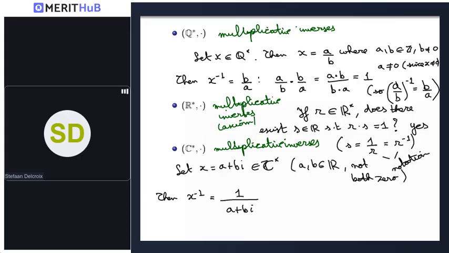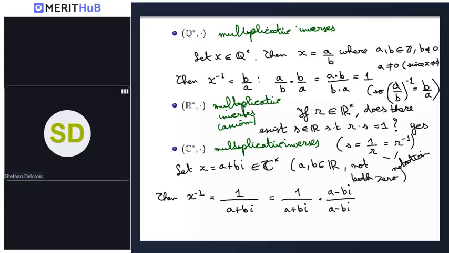I don't know if rationalize is the word for it, but you have to get rid of that i in the denominator. And how did we do that? You multiply top and bottom by a minus bi.